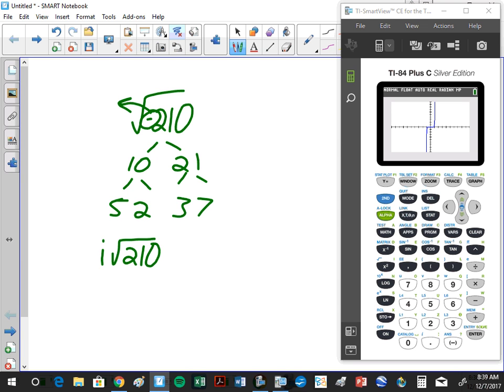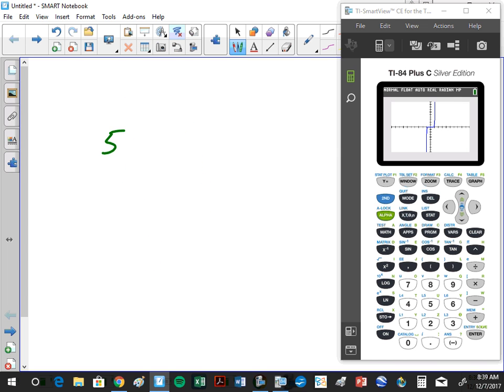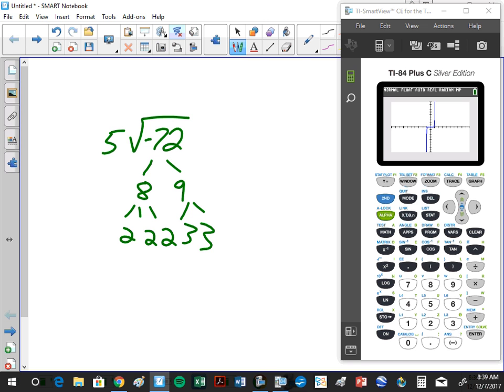All right, let's do 5 times the square root of negative 72. We need to factor 72. 8 and 9. 2, 2 and 2. 3 and 3.